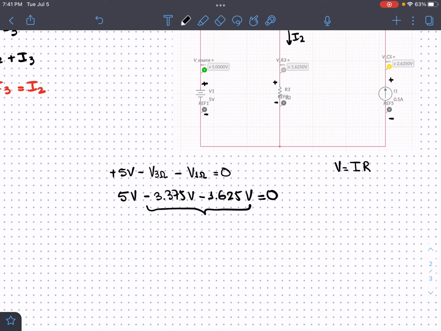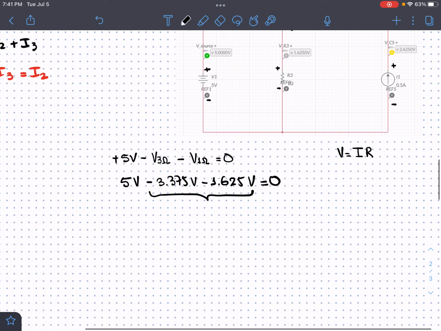You're going to realize that if you add 3.375 plus 1.625, it's going to equal 5. So I'm going to do it just in case to prove it: 3.375 plus 1.625 equals exactly 5.